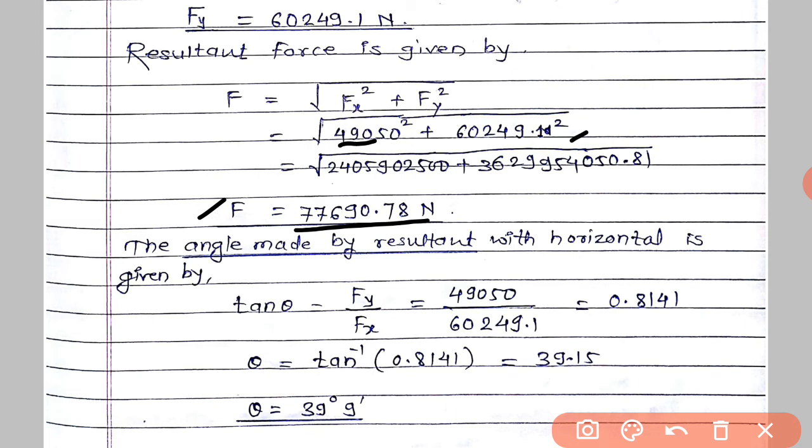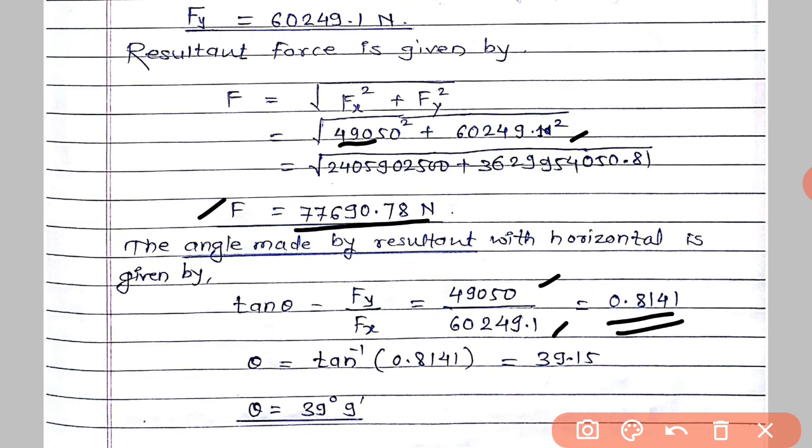Now what do we have to calculate? We have to calculate the angle made by the resultant force with the horizontal. So tan theta is given by Fy upon Fx. Put the value of Fy here and this is the value of Fx. So tan theta is equal to 0.8141.